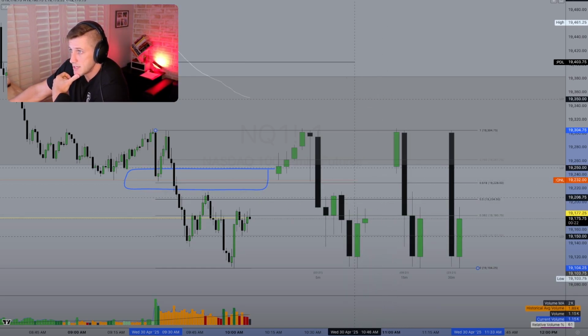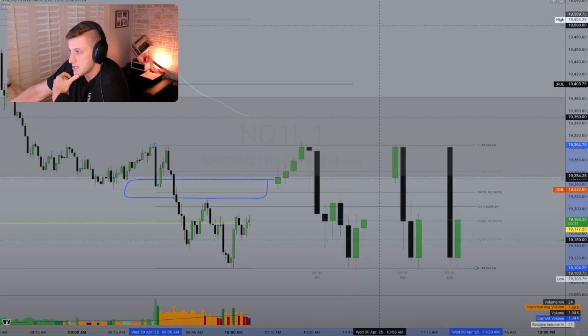We've not really seen the 5-minute sustain through the prior bar high all morning. Let's see if that changes here shortly.